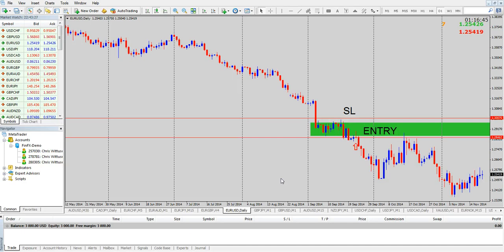So let's talk about risk. Say you have $3,000. Your risk at any time should not exceed, in my book, between 3 to 5% max. That means that if all of your trades went the wrong way at the same time, it would only risk 3% of your total equity.